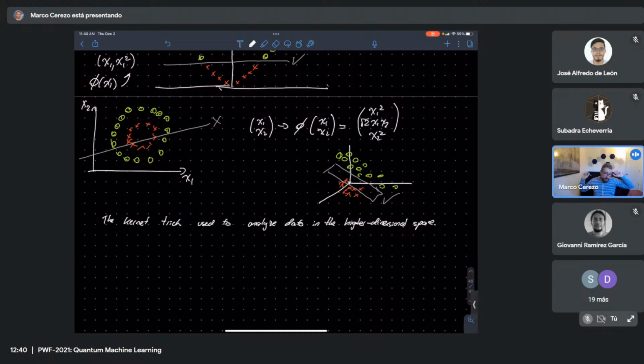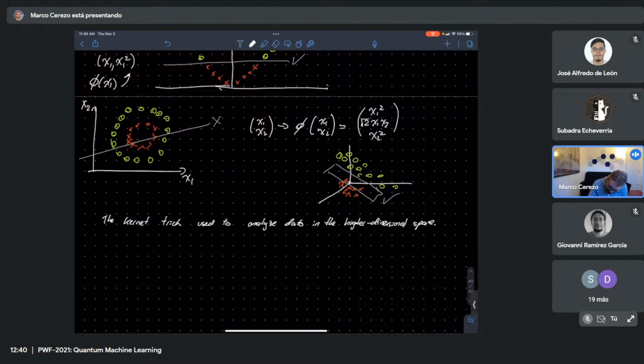So a lot of times what people in quantum machine learning do is, instead of actually mapping that data into higher dimensional space and performing operations there to see if you can solve the problem, they just care about computing the inner products of data in that higher dimensional space. Why the inner products? Because the inner product is a distance measure, and it's going to tell me if my data in that higher dimensional space are closer together within one class and farther apart from the points in the other class.